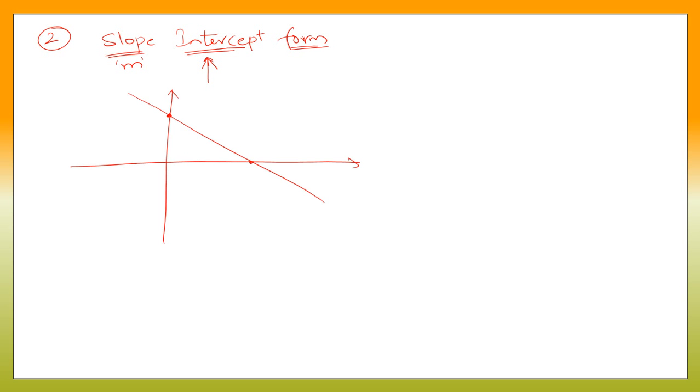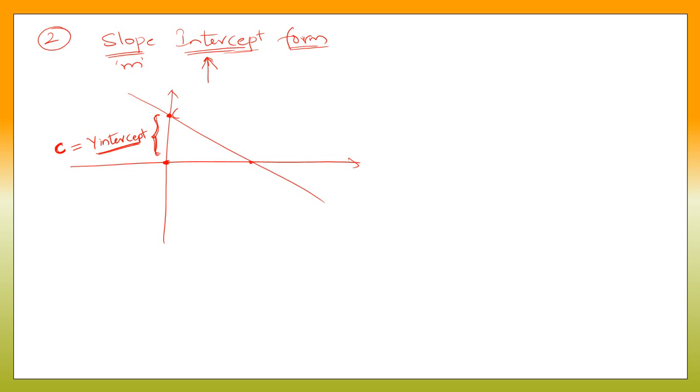If I consider y intercept first, it means the distance from the origin to where my line cuts the y axis. Understood? That distance is called the y intercept. Here I am going to consider the y intercept as some value c.